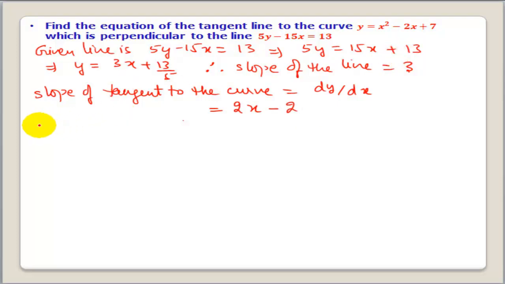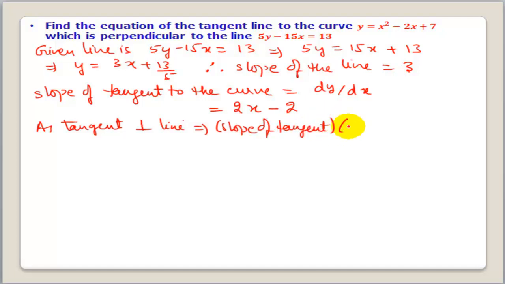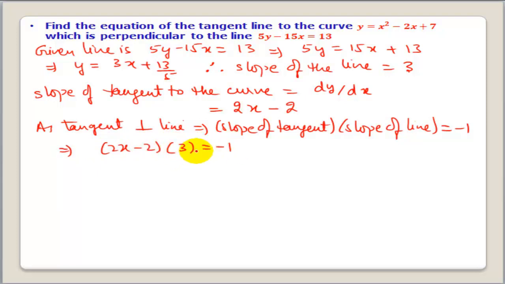Now as we know, the tangent is perpendicular to the line. Therefore, we can say slope of tangent into slope of line will be equal to -1. So this is the equation we are going to solve. We have seen the slope of the tangent is 2x minus 2 and the slope of the line is 3. So this is equal to -1.